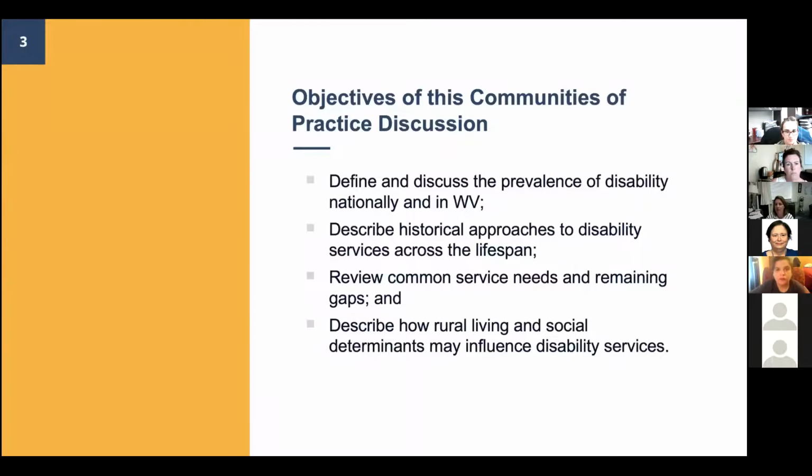Talk about common service needs and what gaps still exist and have been noted through research and studies. And then finally, talk about our rural living here in West Virginia and in Appalachia, and have a little bit of a discussion about social determinants, which we've had across several of our COPs in this series, and how they may influence how we provide and who we provide those services to for disability services.